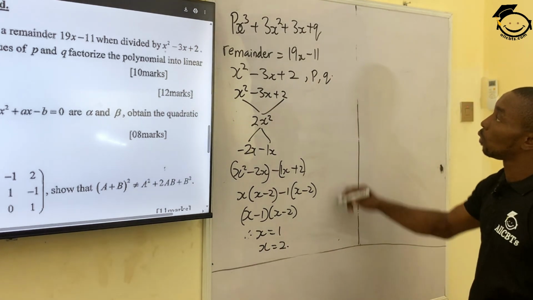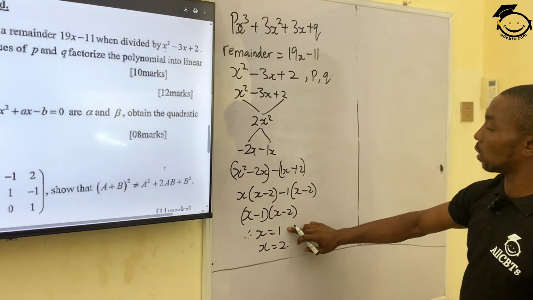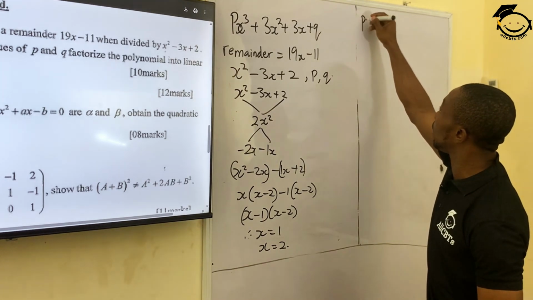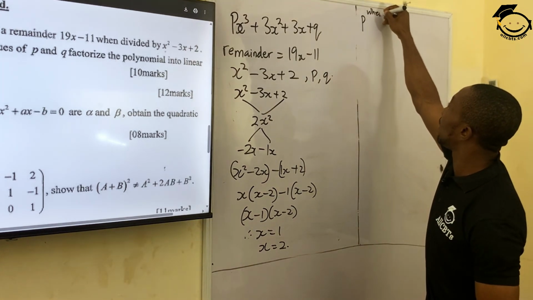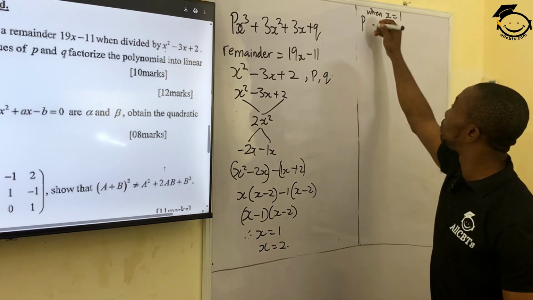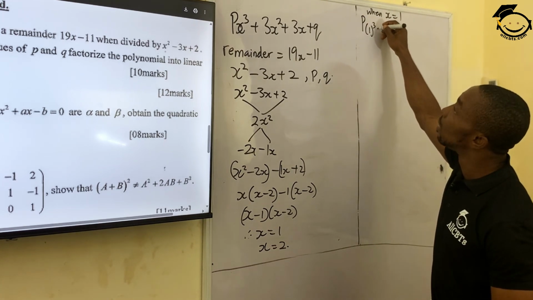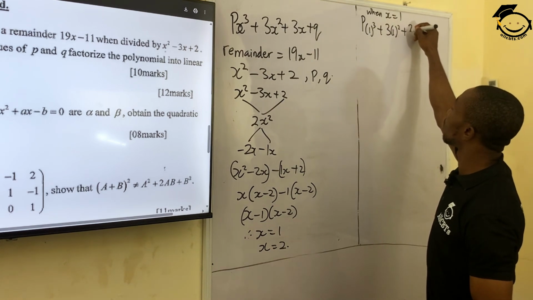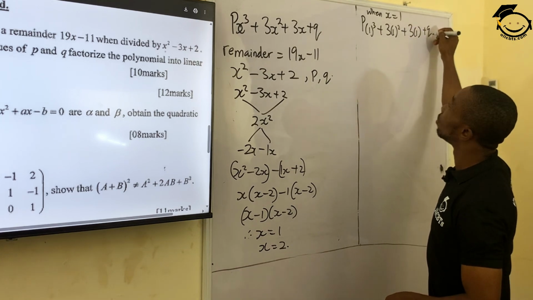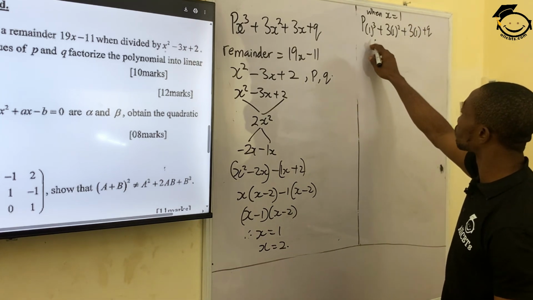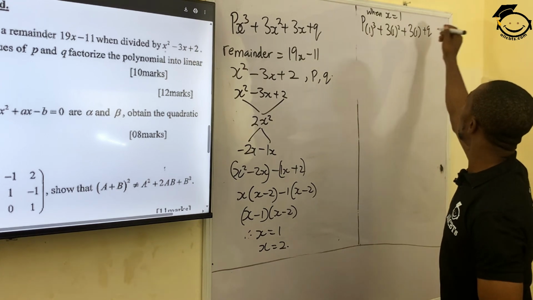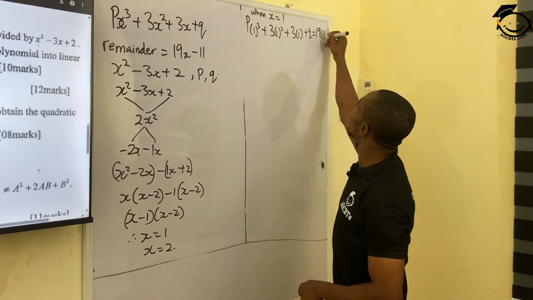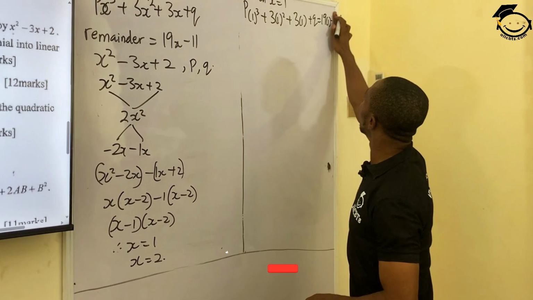Now, from here, we are going to substitute the values of x, 1 and 2, into this equation. So when x equals 1, we have p bracket 1 cube plus 3 bracket 1 squared plus 3 bracket 1 plus q equals 19 bracket 1 minus 11, since that's our remainder.